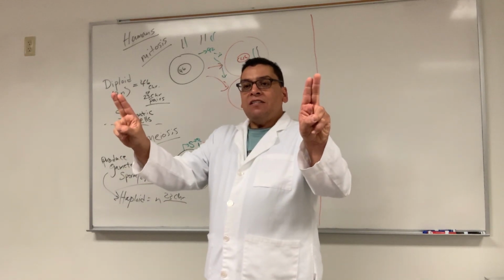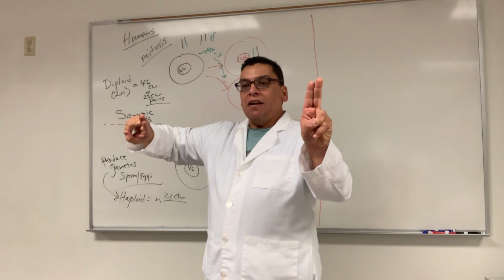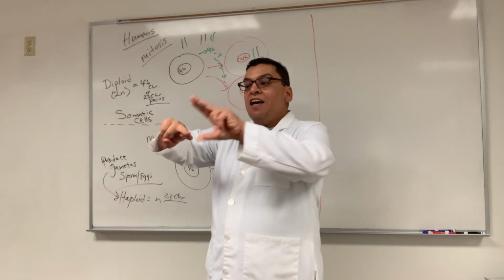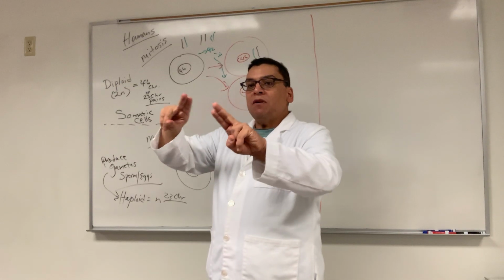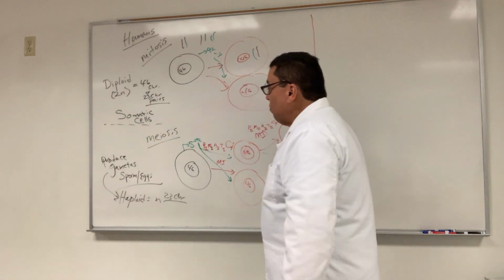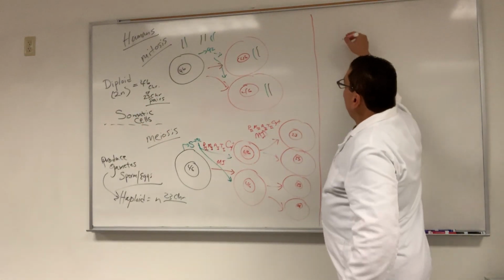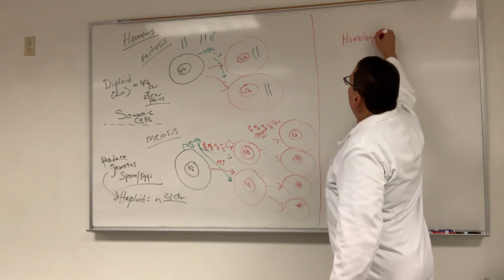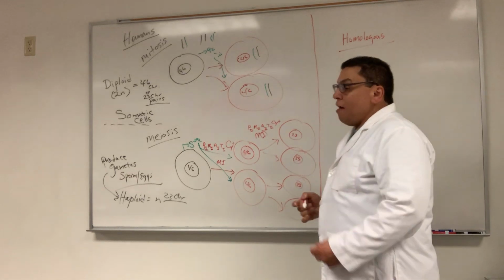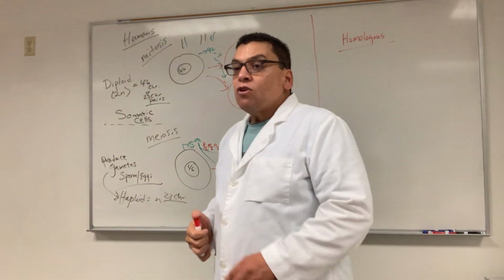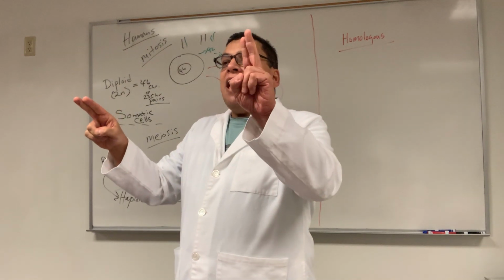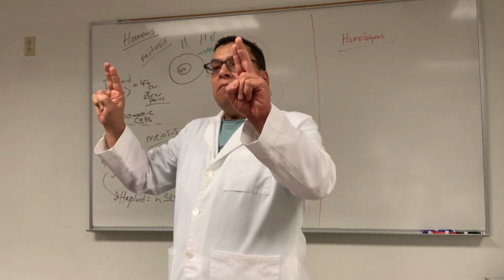Then when they do this, that's now called the homologous chromosome. Homologous to this one, meaning this is chromosome 1 and that's chromosome 1. So in prophase 1, you have to form the homologous chromosomes. You're going to have 2 homologous chromosome 1s. One from dad and one from mom.